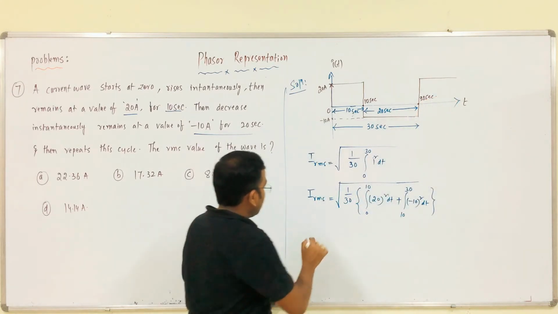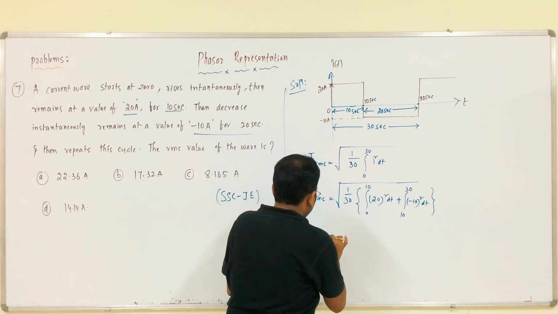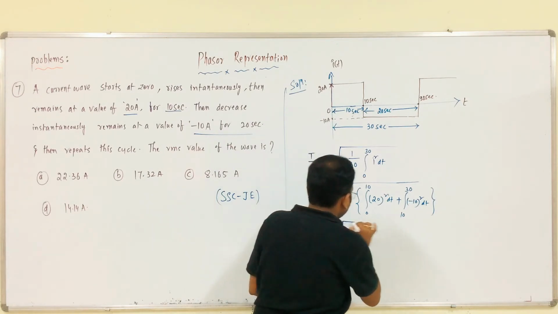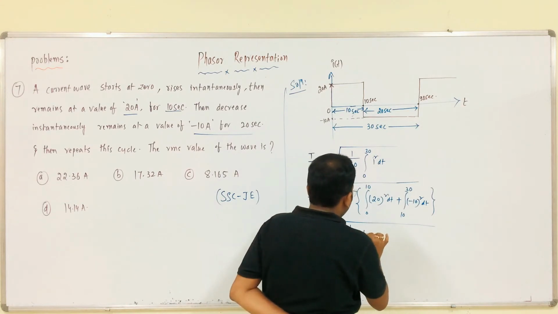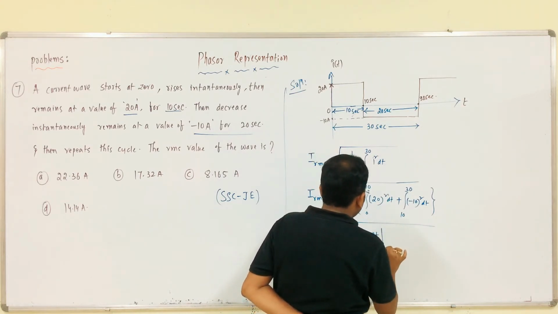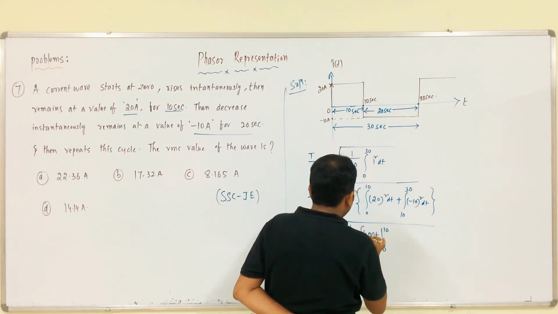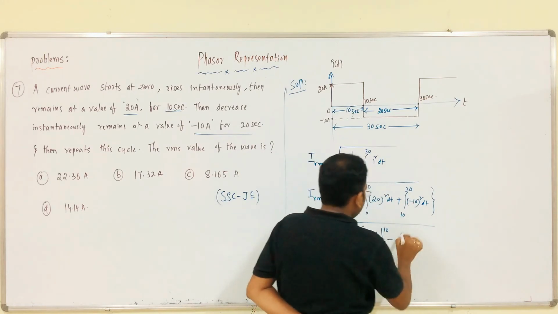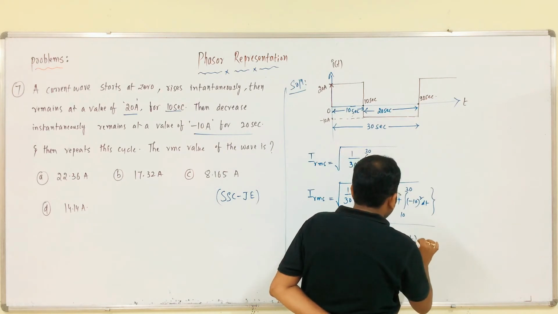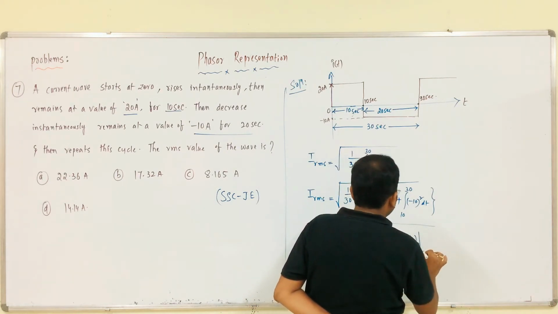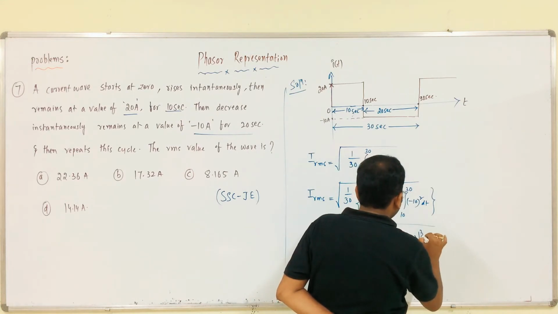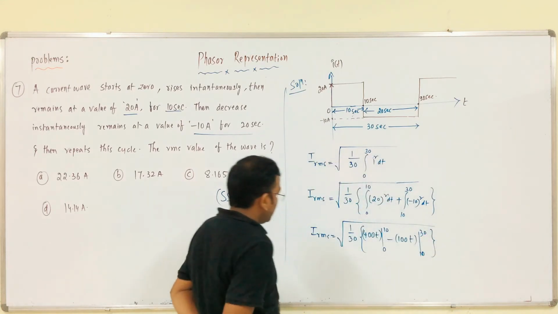So, from this, IRMS is equal to 1 by 30, this is 400 T, integration from 0 to 10, clear, minus this is 100 T, integration from 10 to 30.